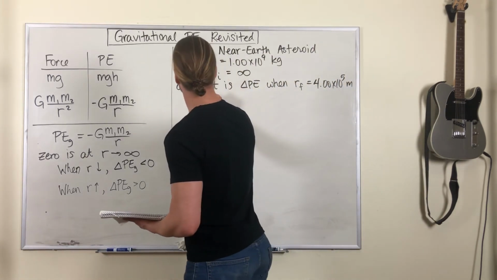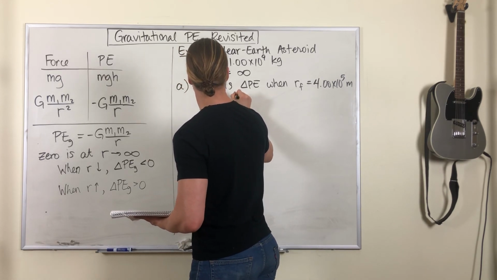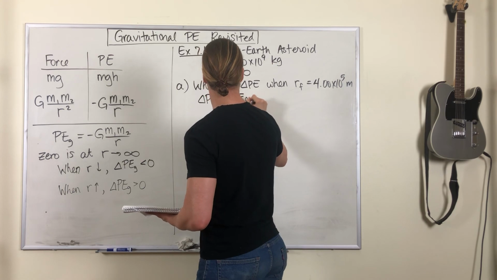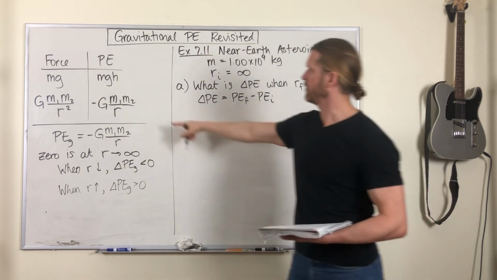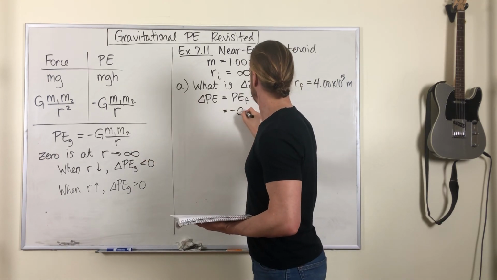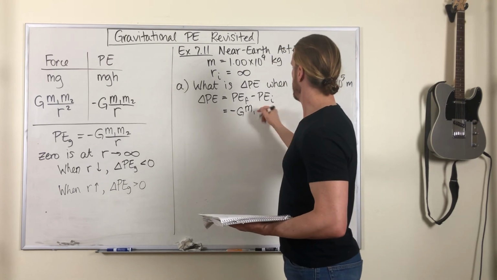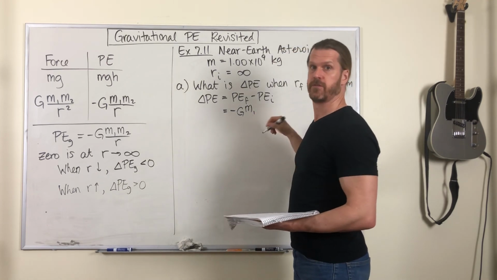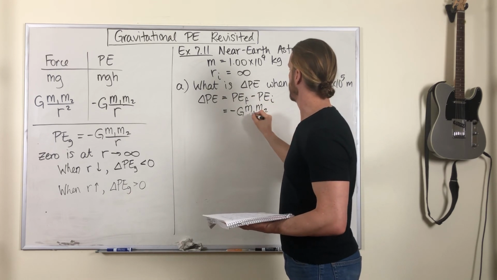So that change in potential energy is PE final minus PE initial, and now we use our new expression. M1 is the planet Earth mass, M2 is our asteroid mass.